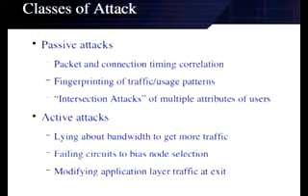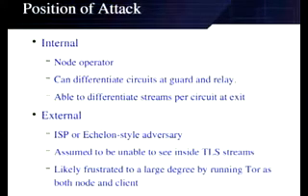Along with this, nodes can also fail those circuits that are created through those hops to bias the node selection so that they can manipulate the paths by failing the ones that they don't like, and also modifying application layer traffic at the exit, inserting plugins, application layer attacks like that, maybe even exploiting the browser. We'll cover all of these in greater detail as we go on. Right now, just trying to give examples of these categories.